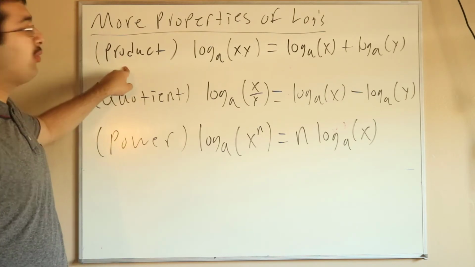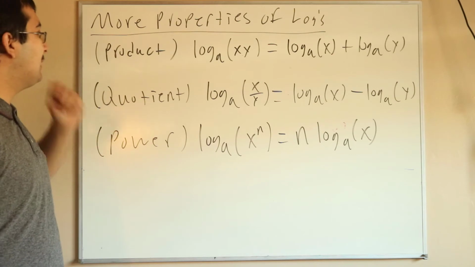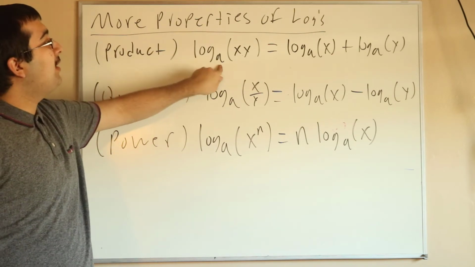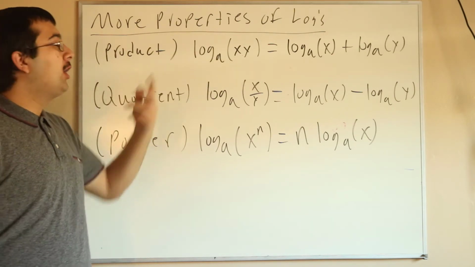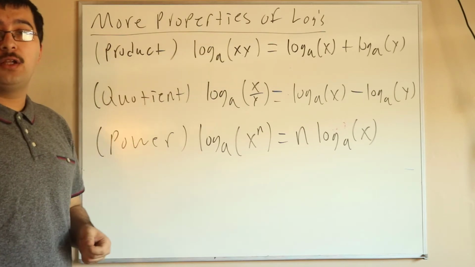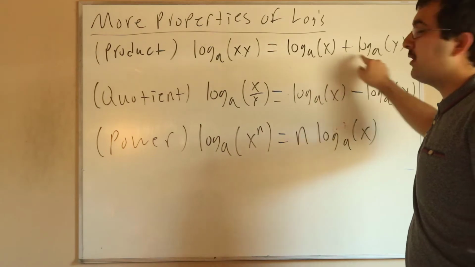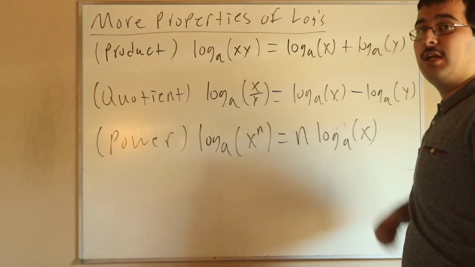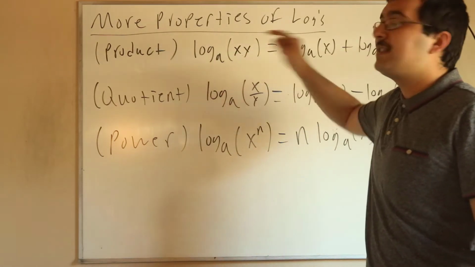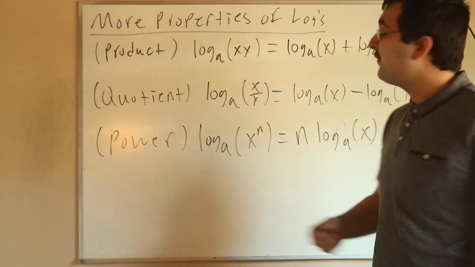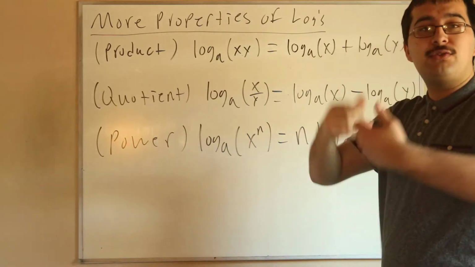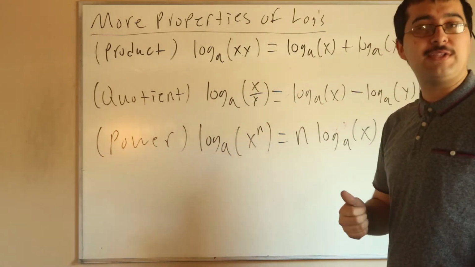We have the product property of logs, and it goes like this. Log base a of xy, so log of a product inside the logarithm, will equal log base a of x plus log base a of y. So if I have a log and inside that log is a multiplication, I can split that into adding two separate logs with the same base.